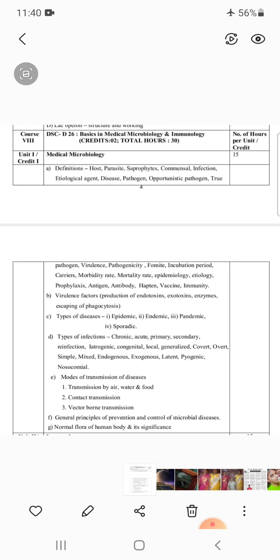Okay. Next one is vaccine. As you all know, vaccines are nothing but a substance used to stimulate the production of antibodies, means to trigger the immune system against a particular disease, that is known as a vaccine. Next one, immunity.